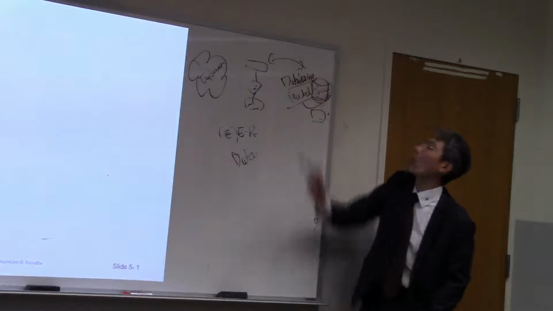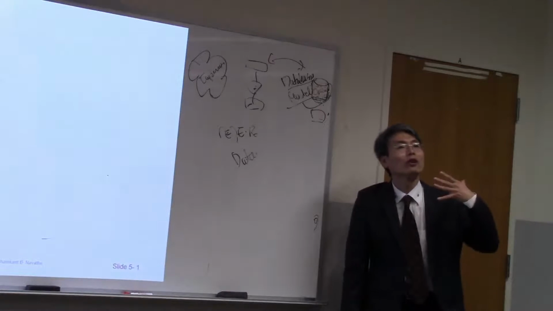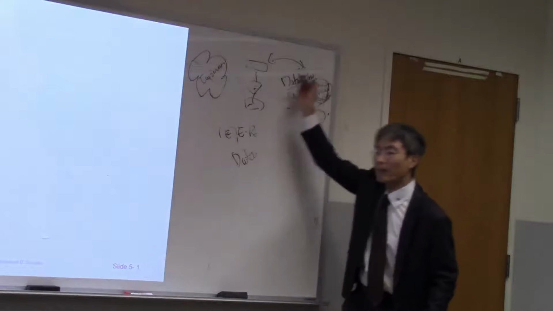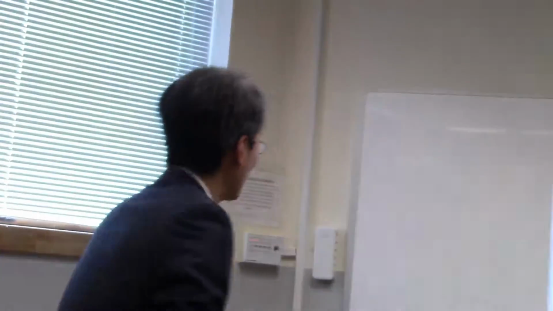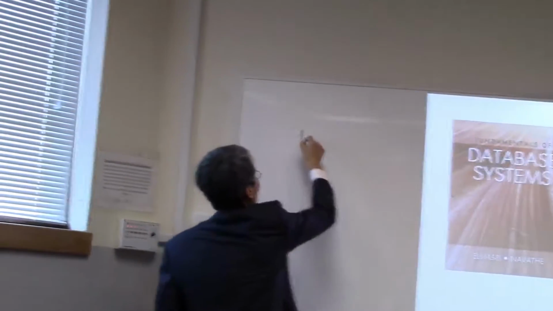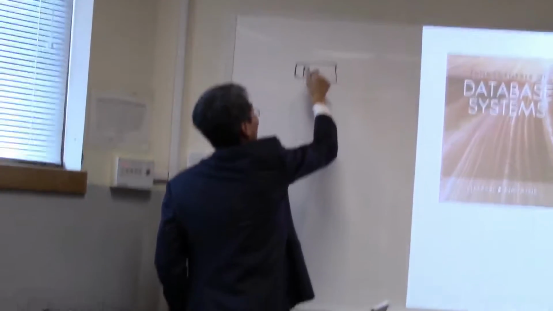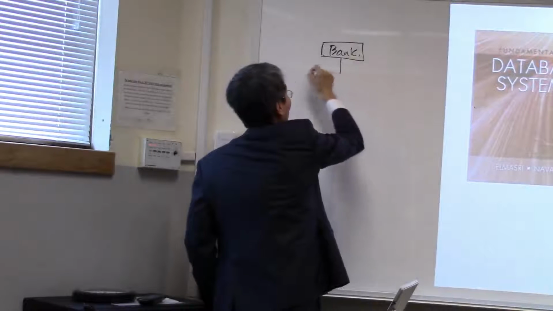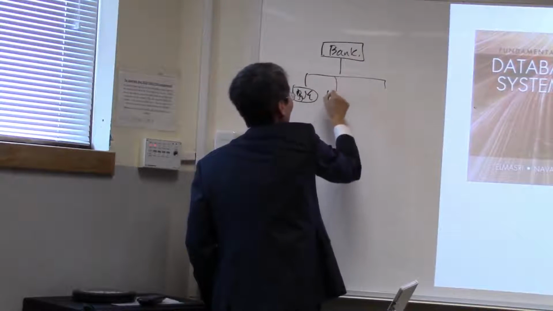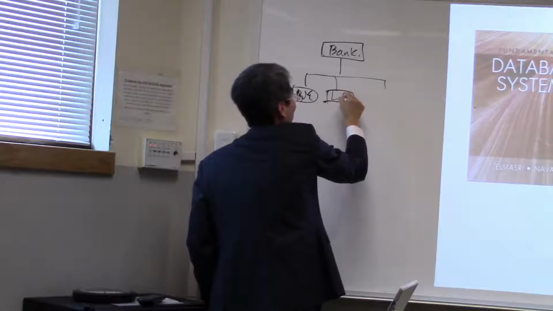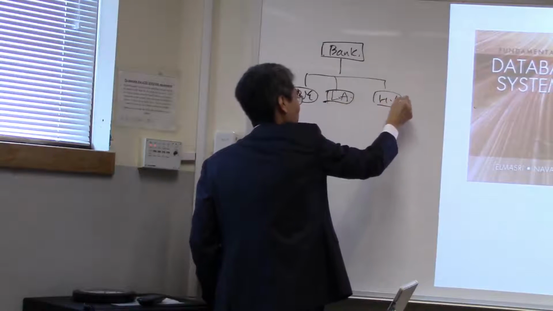The second step is we are going to define what is a database model. There are many different types of database model. Hierarchical database model, network database model. So for example, the hierarchical database model is we have a bank. The bank has branches, New York branch, LA branch, and headquarters.